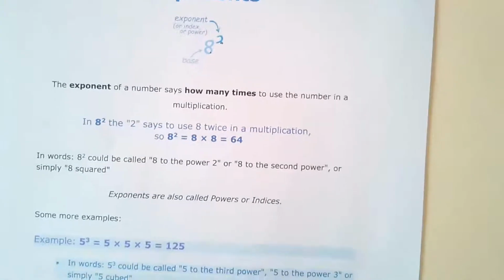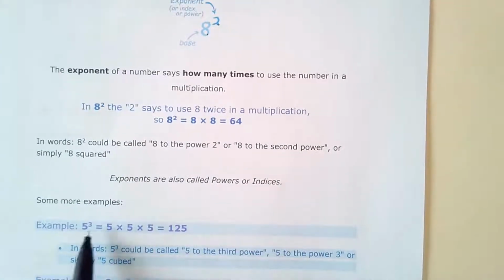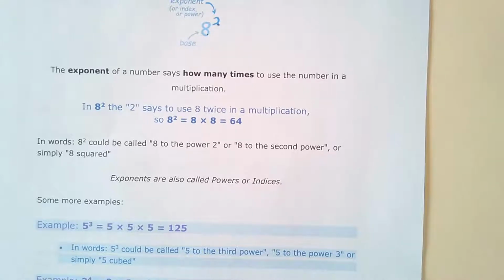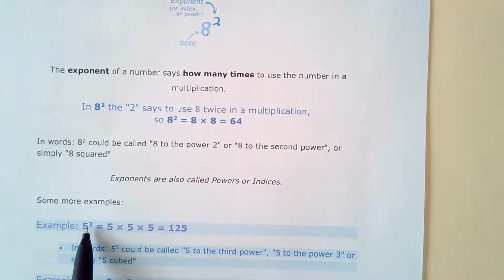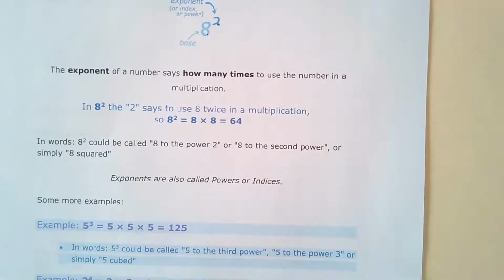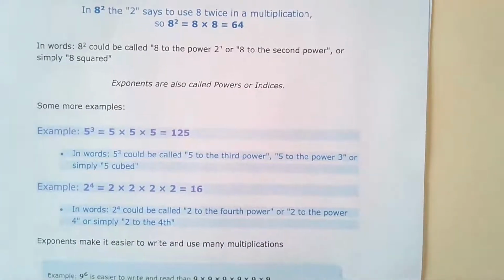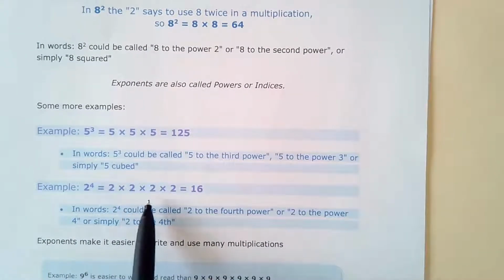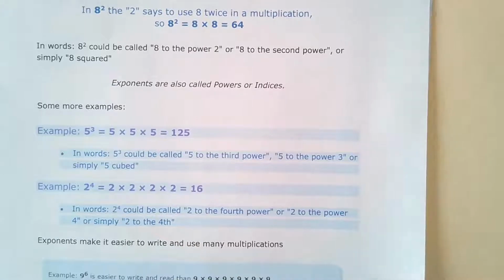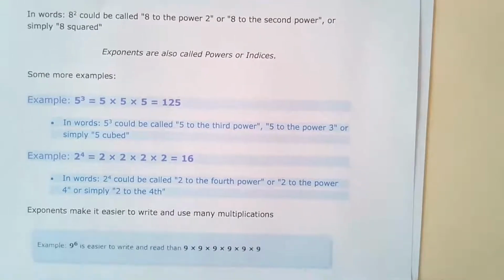For example, if we said we want 5 to the power 3, the exponent tells me how many times to use the number, how many times I multiply 5 by itself. So we have 2 to the power 4. It means 2 times 2 times 2 times 2 equals 16. Or 9 to the power 6.